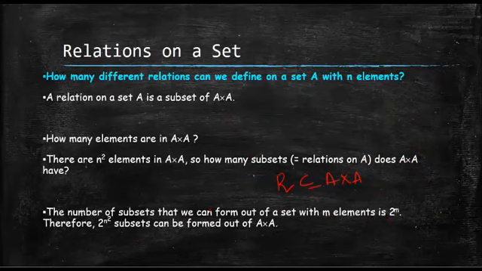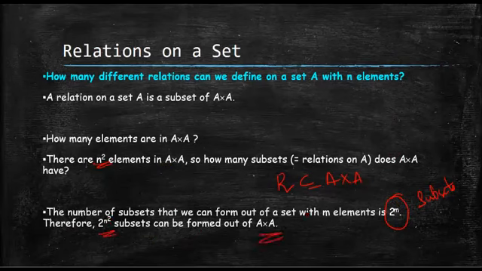We have studied this in sets: if we have a set with m elements, then we can get 2 power m subsets. So if we have n square elements in A cross A, then we will get 2 power n square subsets out of the Cartesian product.